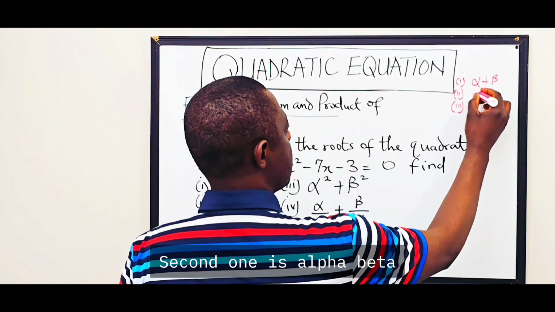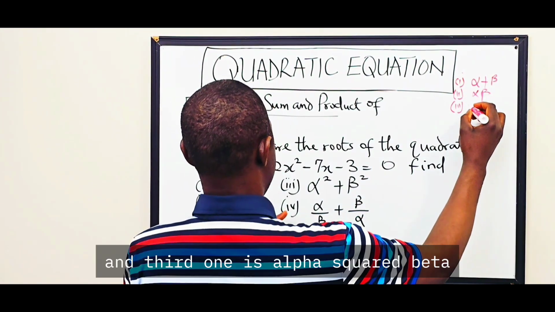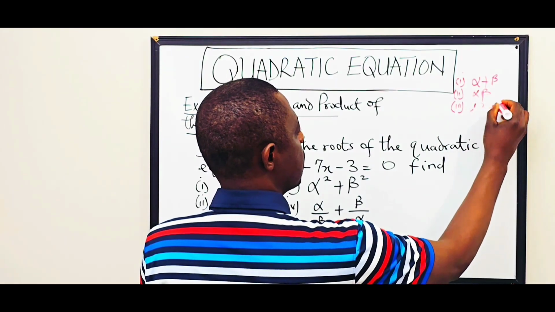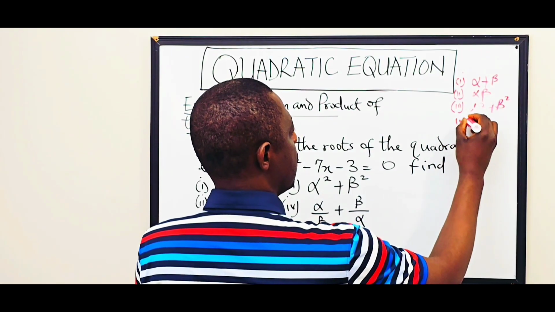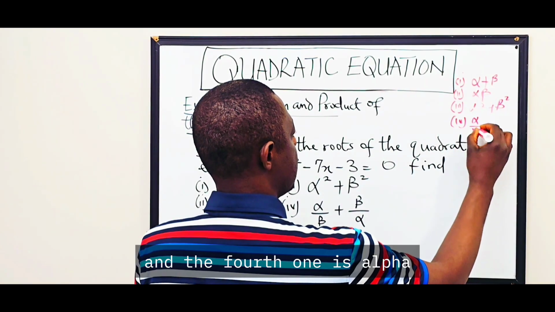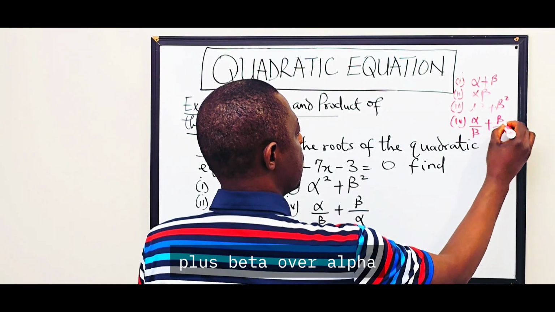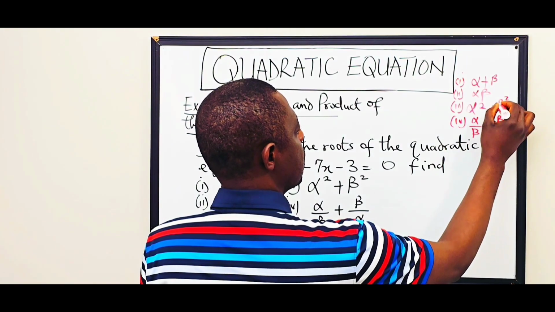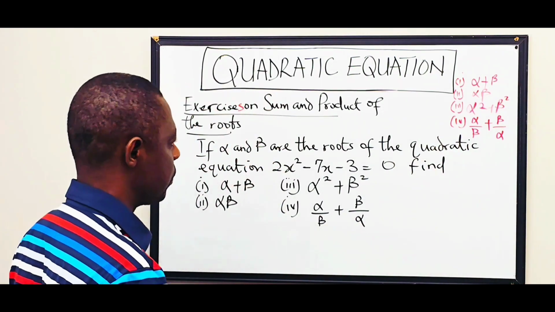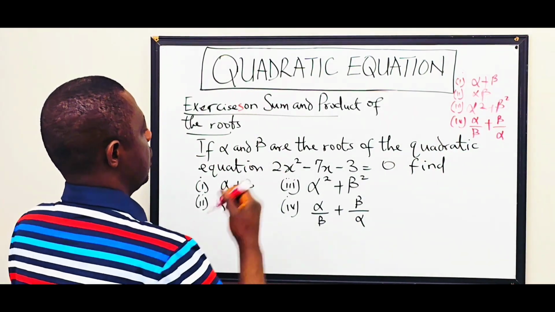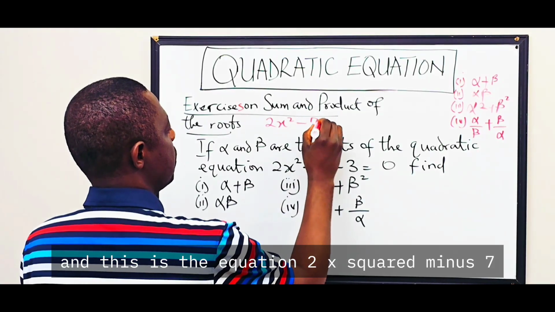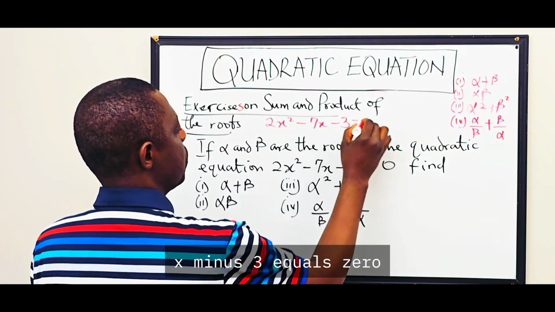So the second one is alpha beta, and the third one is alpha squared plus beta squared, and the fourth one is alpha plus beta over alpha. And this is the equation 2x squared minus 7x minus 3 equals 0.